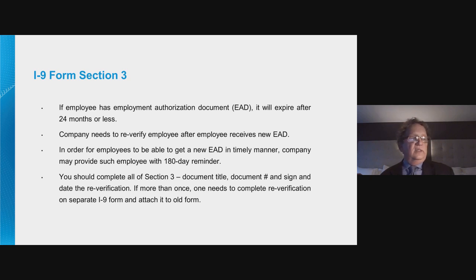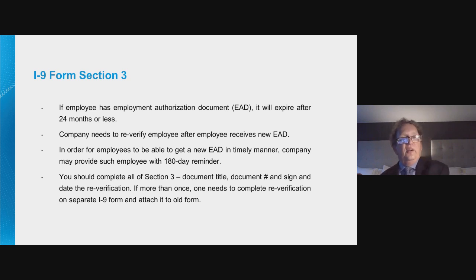Section 3 is for re-verifications and rehires. We already talked a little bit about rehire. Re-verification is, say, an EAD or a visa that is only good for 24 months or less.